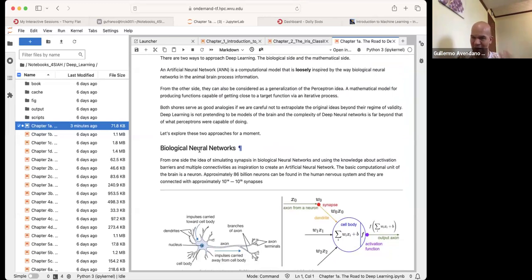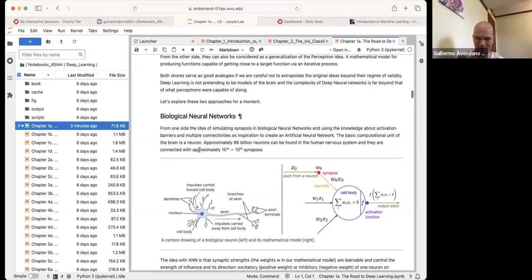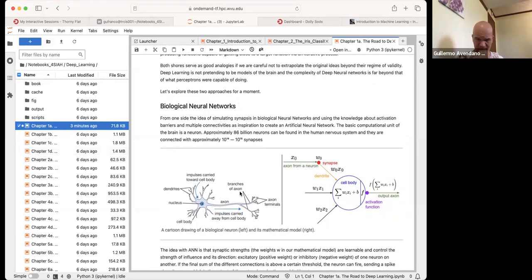This is like a mathematical synthesis of what we think approximately happens in a brain. So again, this is a simplification, a mathematical modelization of something that happens in brains, approximately. So this is the idea.